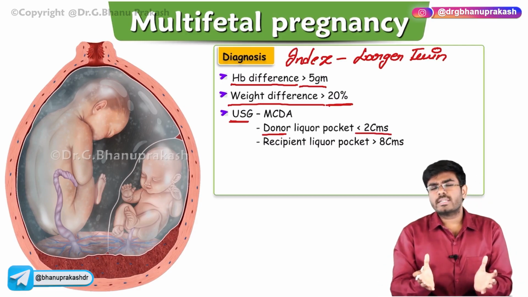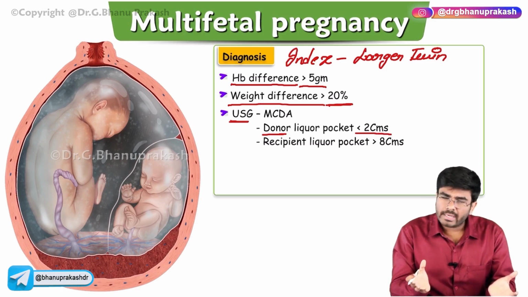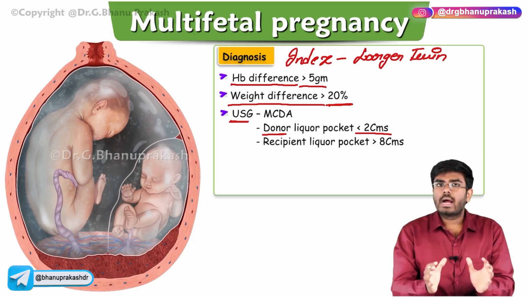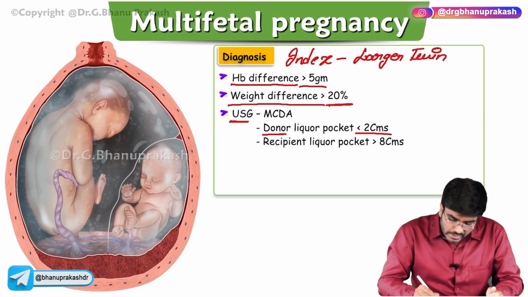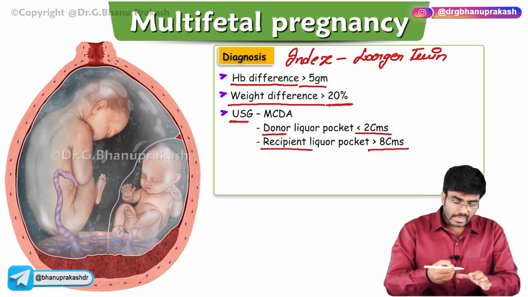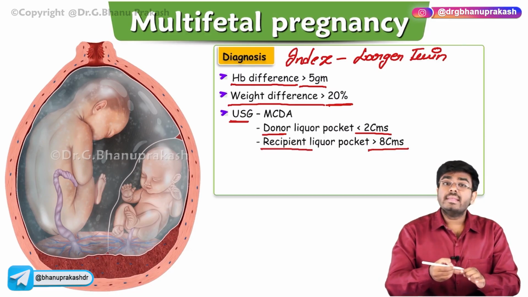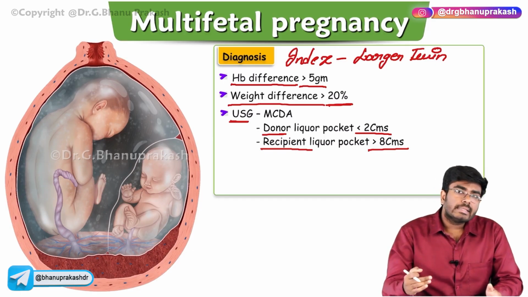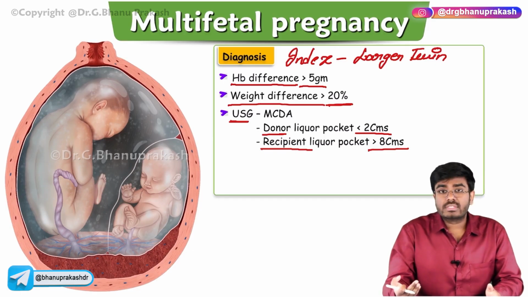Less than 2 centimeters means it is oligohydramnios. So the donor twin is going to have oligohydramnios, and for the recipient twin, the pocket will be more than 8 centimeters. Okay, more than 8 centimeters indicates that polyhydramnios is seen.